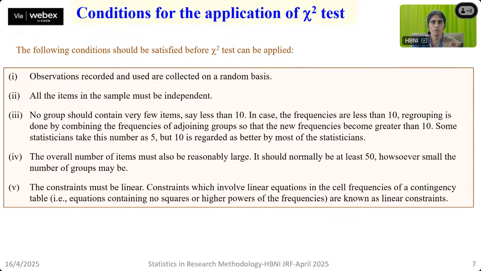The overall number of items or data points should be reasonably large so that the distribution has reliable symmetry, and if it is more than 50, the value will be much more reliable.